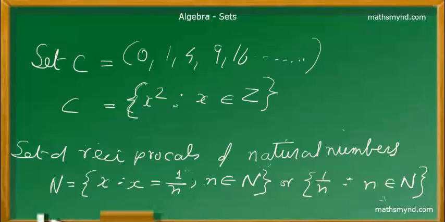Now the point is, must you denote it as Z plus, that is, is it necessary to denote the whole thing as Z plus, the set of positive integers?